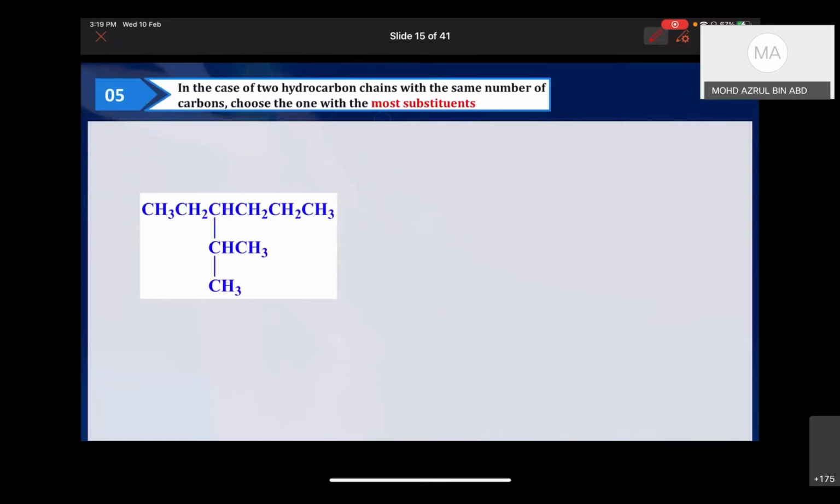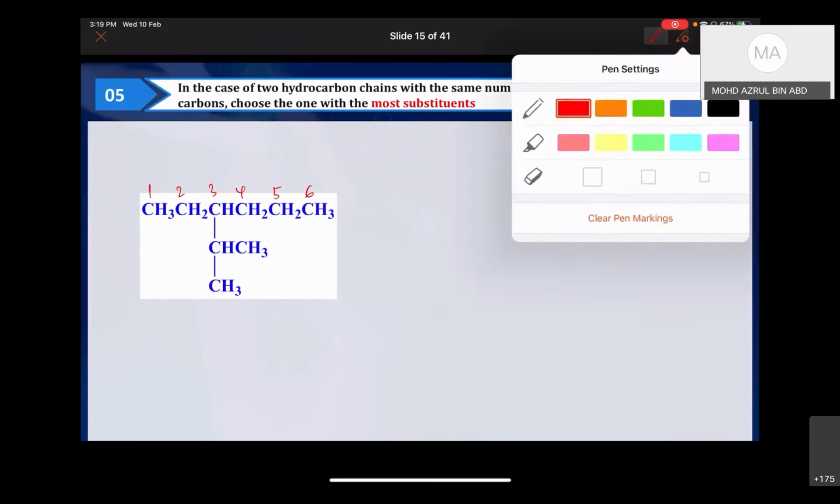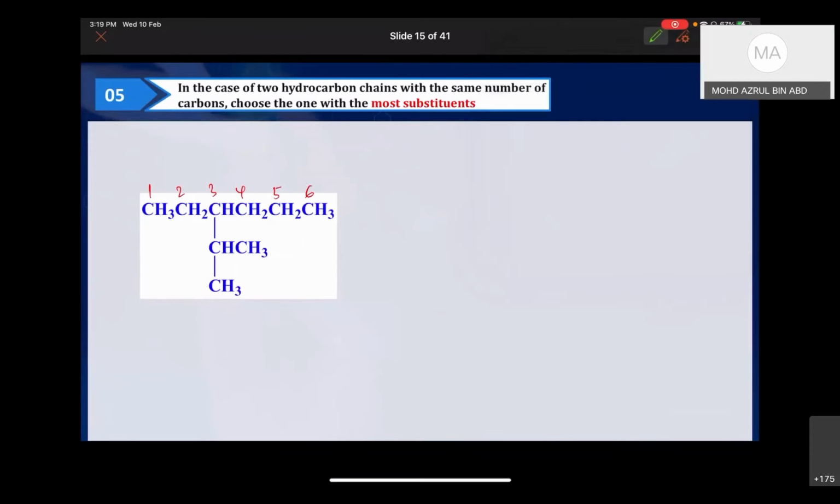If we count the longest chain, we start from here, 1, 2, 3, 4, 5, and 6. In the other direction, 1, 2, 3, 4, 5, and 6. Both directions give 6 carbons, which is the longest chain. By following the rule number 5, which one should I follow, the green one or the red one?